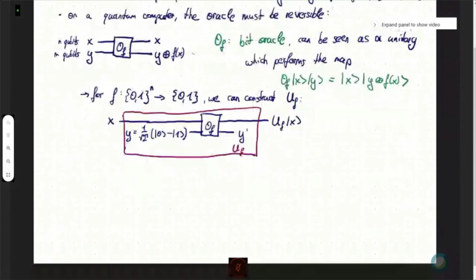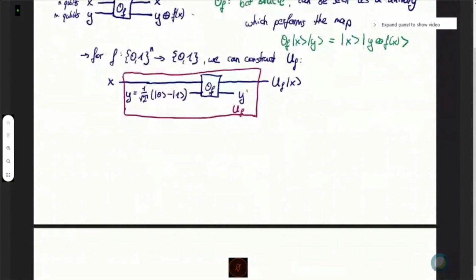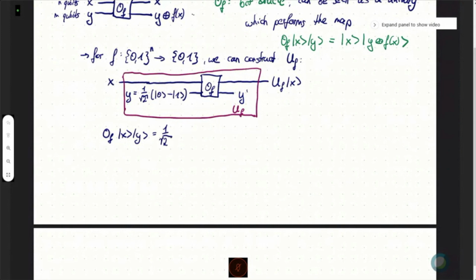The reason we do that, why we just consider one input bit and one output bit and do not consider y and y prime, is because let's have a look at the action of the oracle on x and y. If we apply OF to x and y, we can write it as two parts: OF applied to x and 0 minus OF applied to x and 1.